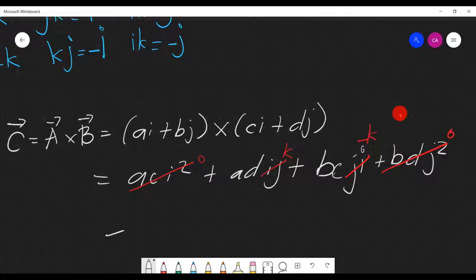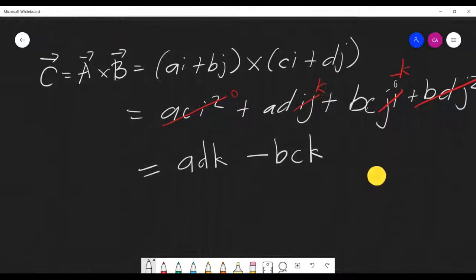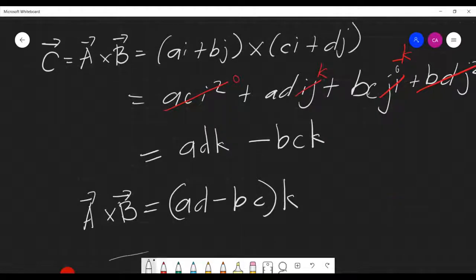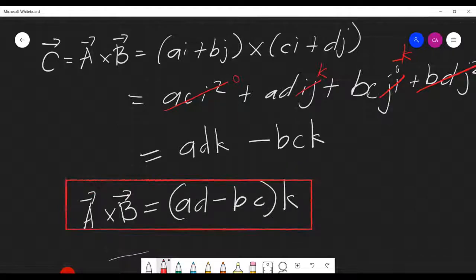Alright, so matitira is AD times k minus BC k. So magiging sagot dyan is AD minus BC quantity k. Okay, so this is A vector times B vector. Alright, so ganyan siya. So yan yung ating cross product.